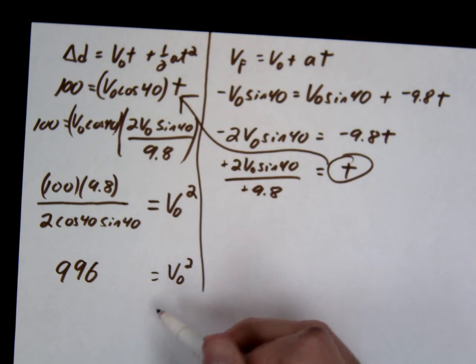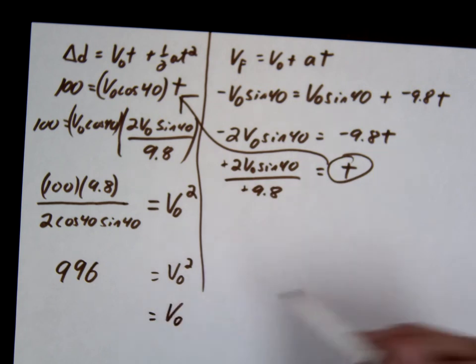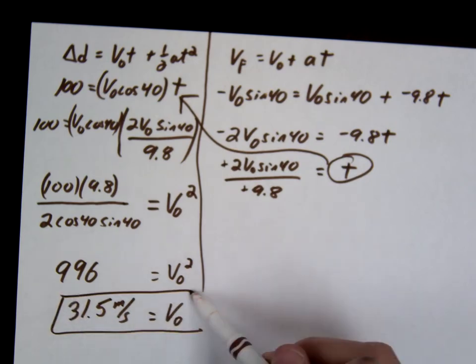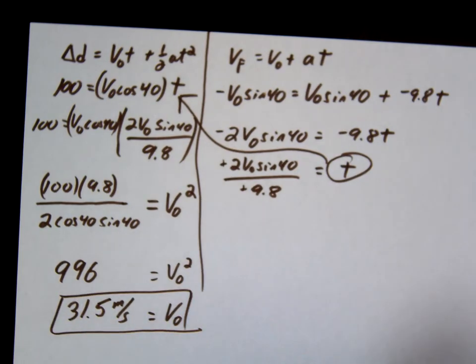That's good. And then square root it. What's our final answer? 5? Okay, so that would be the velocity that we would need to shoot it at, 31.5.